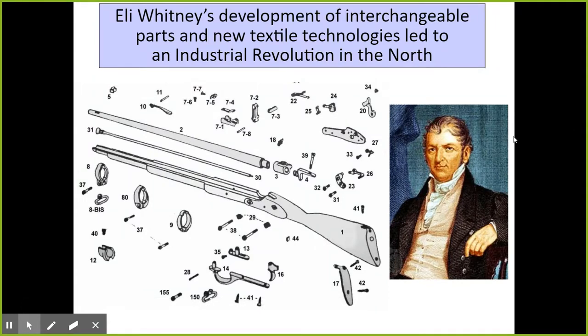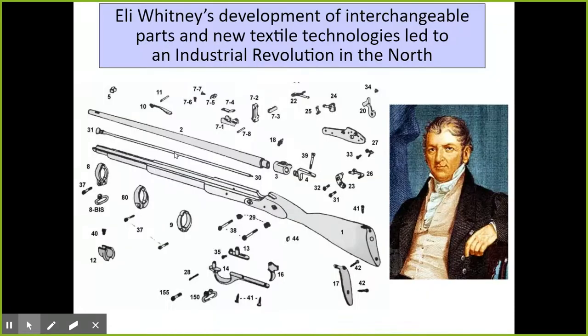So here's where Eli Whitney's invention comes in. He's an inventor, and what do inventors do? They invent things. Not only does he make this cotton gin, but he also begins to develop and refine the idea of interchangeable parts. You can see interchangeable parts up here.